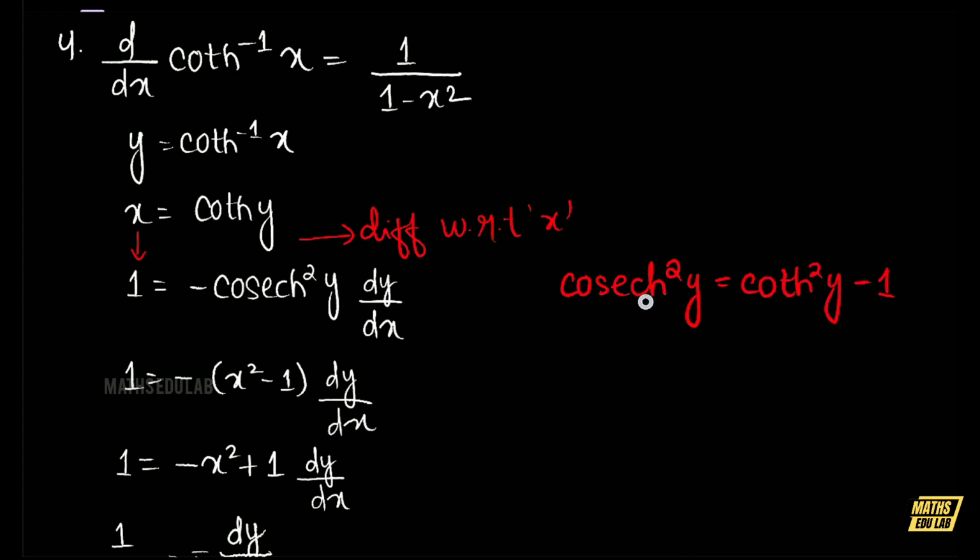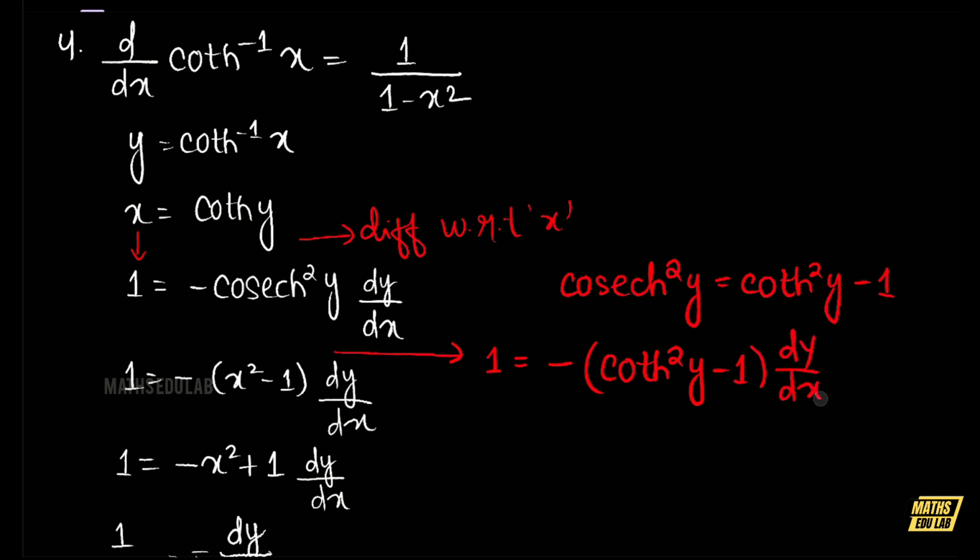Since it is in the form of minus cosech square y, we can write it as minus of coth square y minus 1. So the next step is 1 is equal to minus, coth square y minus 1, dy by dx.